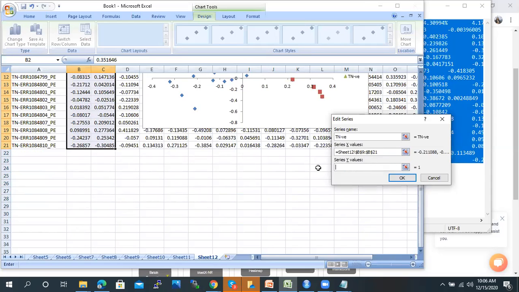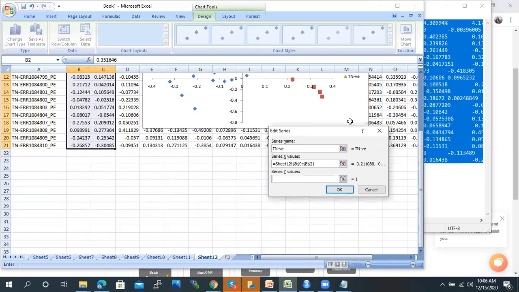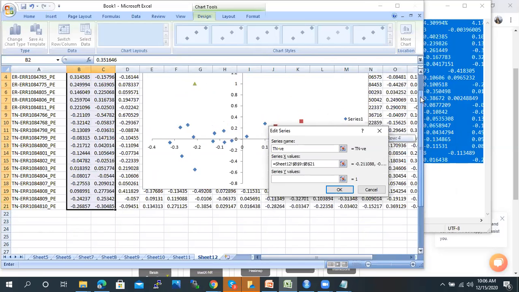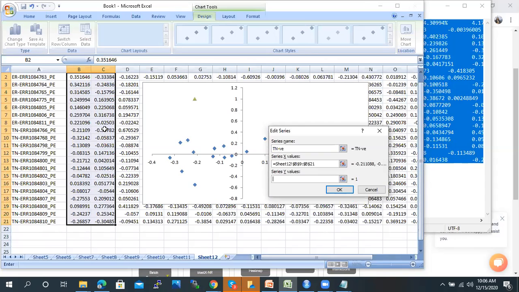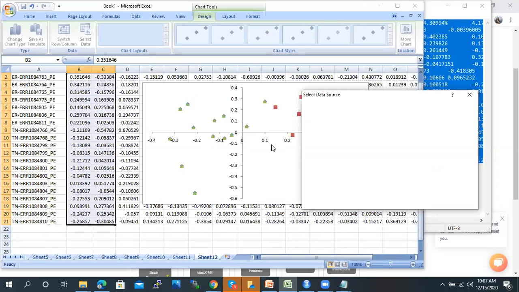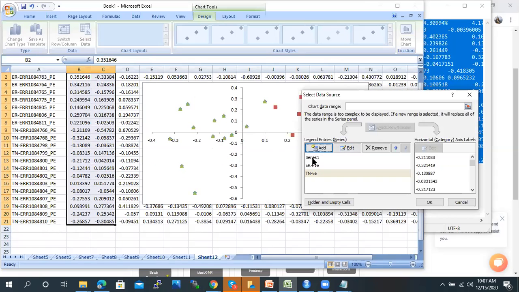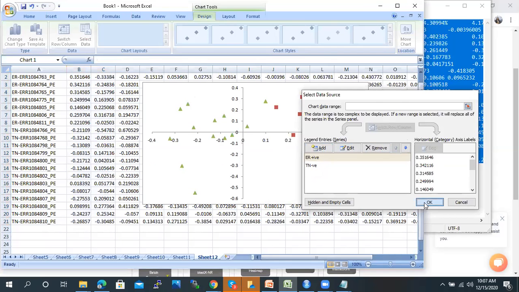Then for the y-axis, here for the triple negative sample, we can select these triple negative for the PC2 components. Now we can delete the initial series. So just remove that and press OK.